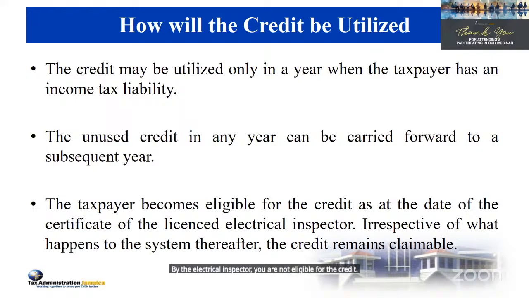So you could have done all the work to install the system in 2024. But if, as at today, it has not been certified, you will not be able to claim that credit for 2024. It is the date of the certification that determines the year of assessment that the credit can be claimed in.